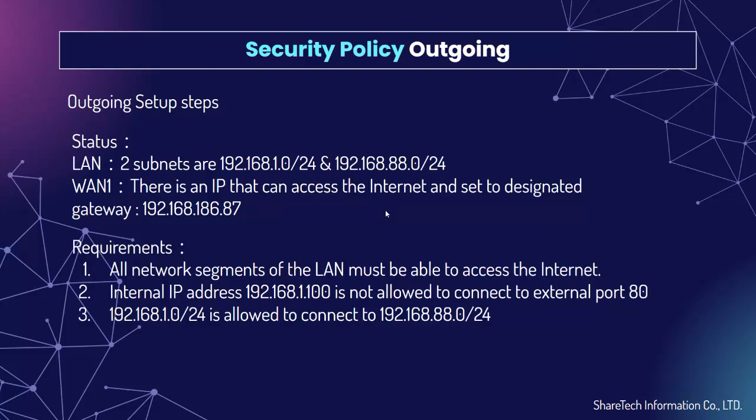And the requirements are these. The first one is all network segments of the LAN must be able to access the internet. The second is internal IP address .1.100 is not allowed to connect to external port 80.